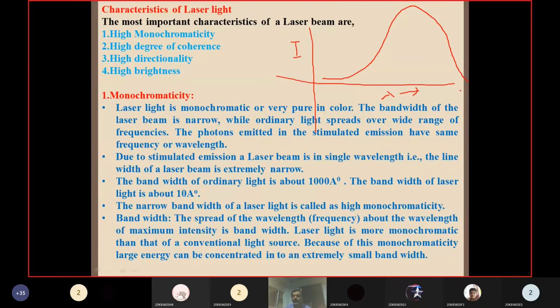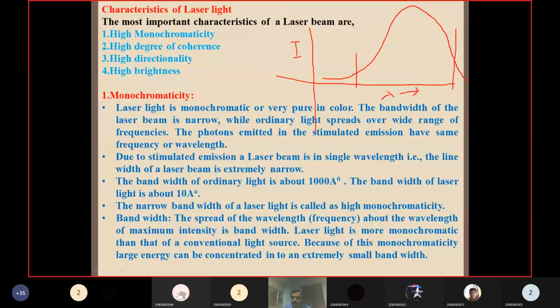Suppose you take sodium light, which is generally monochromatic and emits orange color. If you observe the graph between intensity and wavelength, it spreads over a width of wavelength. It starts from here and ends here.